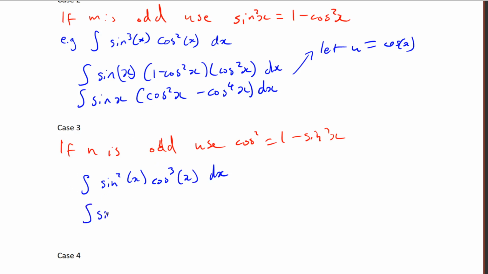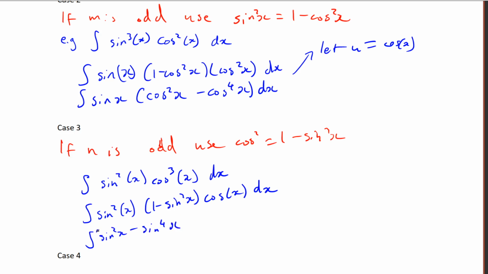Then I can just write cos cubed x as cos squared x times cos x. So this will be 1 minus sine squared x times cos x dx. And then I'll have sine squared x minus sine to the power of 4 x times cos x, and I'll just say let u equal sine x. So I'll have u squared minus u to the power of 4, and then eventually this cos x will get cancelled out when I put it in du.